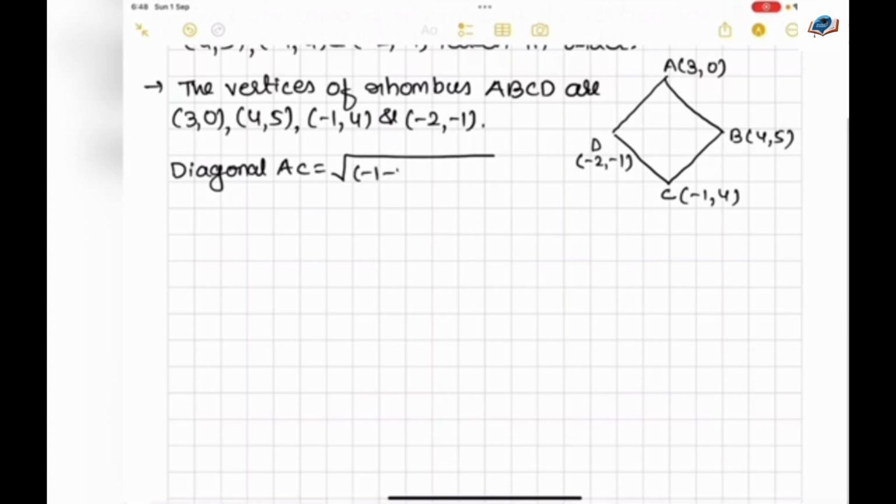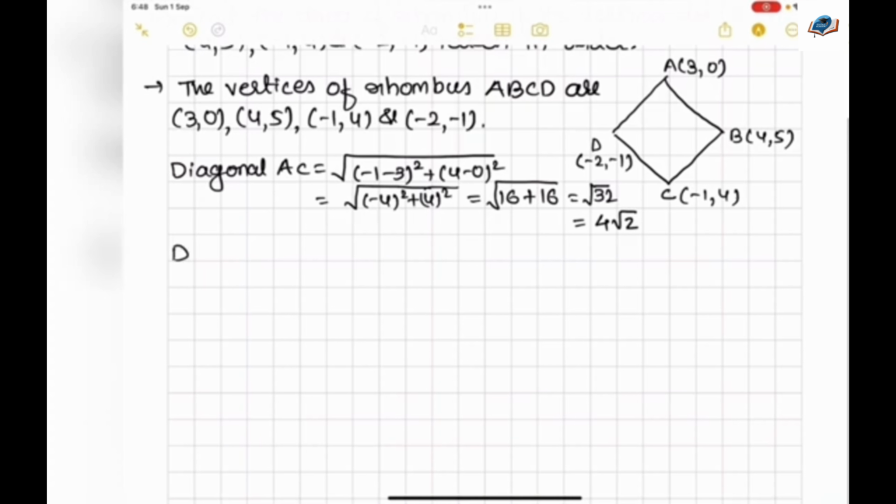So minus 1 minus 3 whole square plus 4 minus 0 whole square. So that will be minus 4 square plus 4 square. So that will be 16 plus 16. So root 32. So that will be 4 root 2.